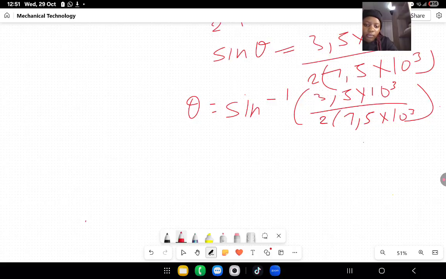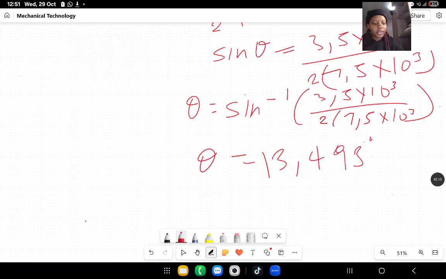Our theta equals sine arc of 3,5 times 10 to the power 3 over 2 times 7,5 times 10 to the power 3. Our angle will be 13,493 degrees.